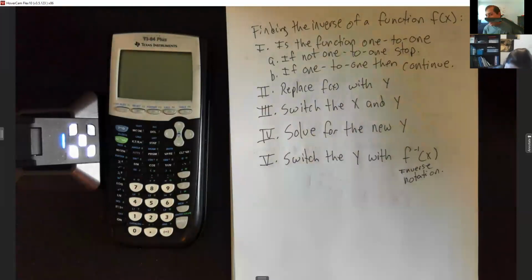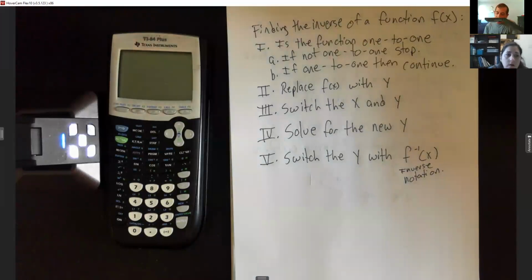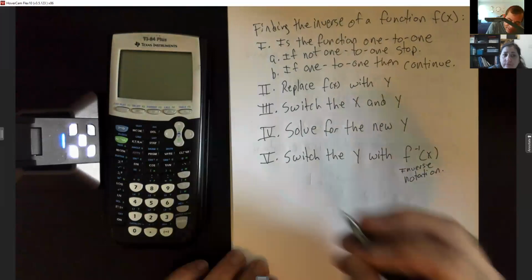So f of x will be my function. F negative 1 of x will be my inverse function. Okay, y'all, and then we're done. So before I get into actually doing a problem, I'm going to explain what the horizontal line test is.